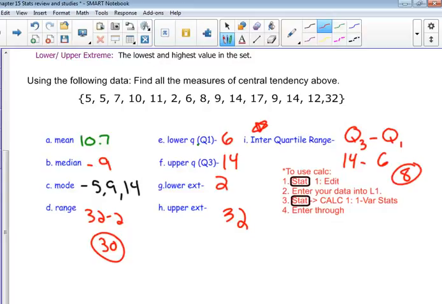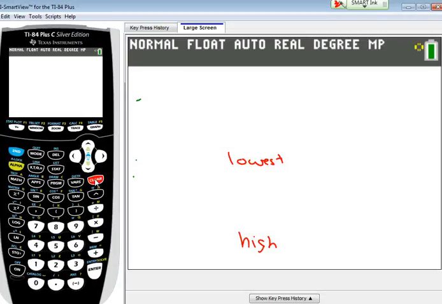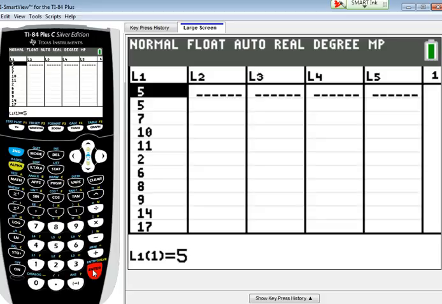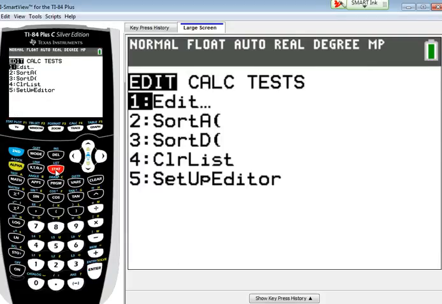If anybody needs a recap on how to put this stuff in, all you have to do is go to stat. All right, I'll do it then. Just go to stat, you go to edit.